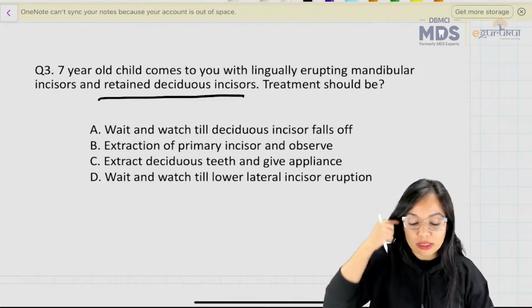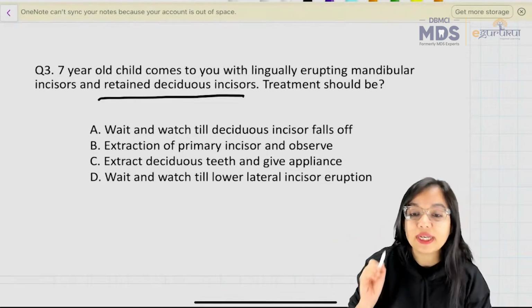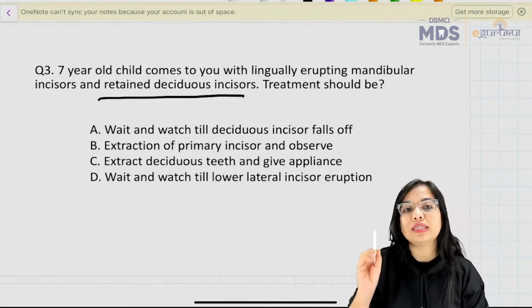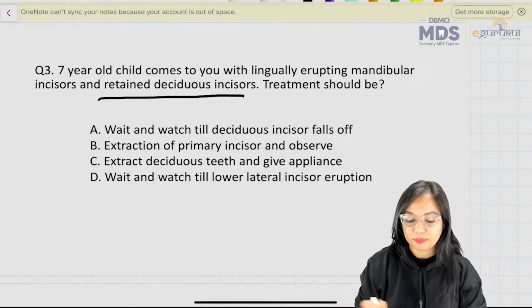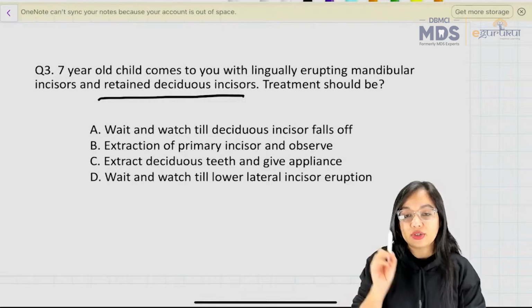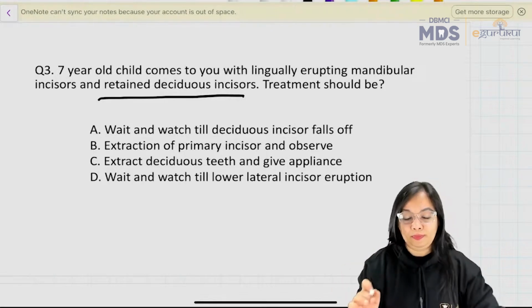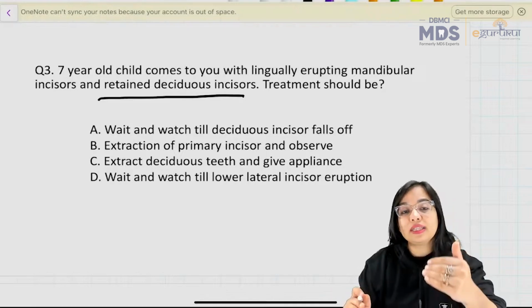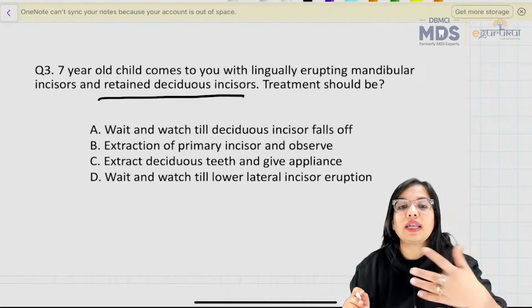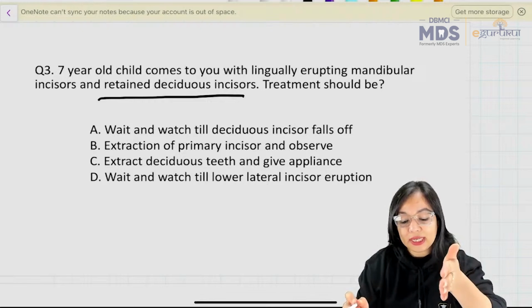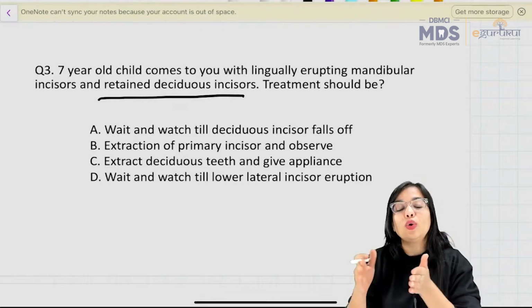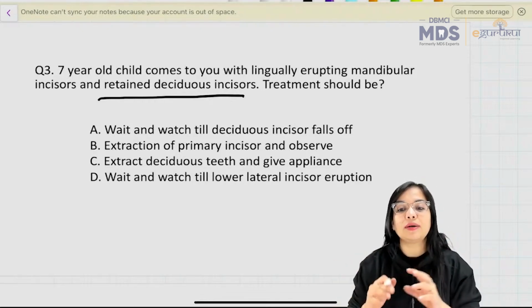So what options have they given you? Option A: wait and watch till the deciduous incisors fall off. The second is extraction of the primary incisors and then you observe. Option C is extract the deciduous teeth and give an appliance. And option D is wait and watch till the lower incisor eruption is completed.